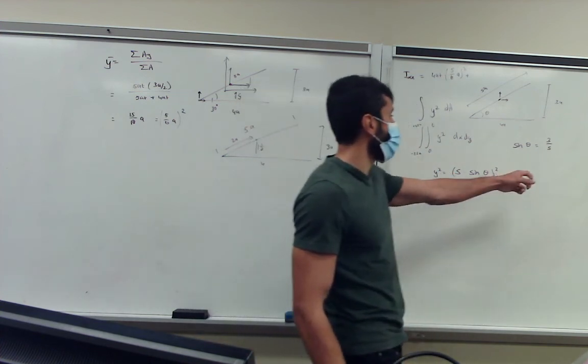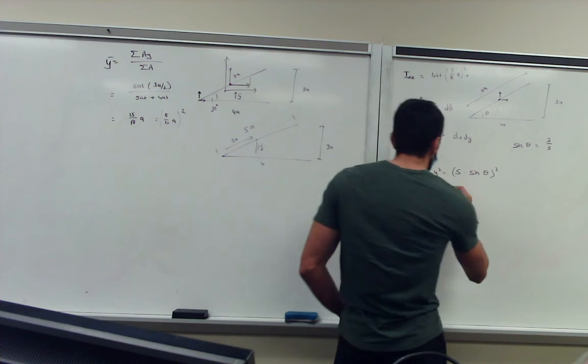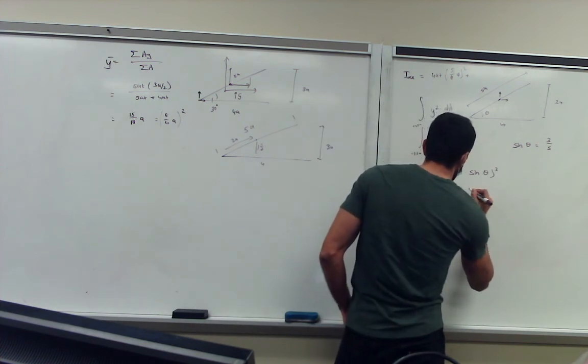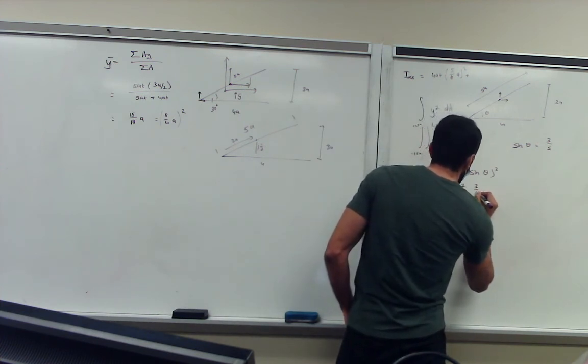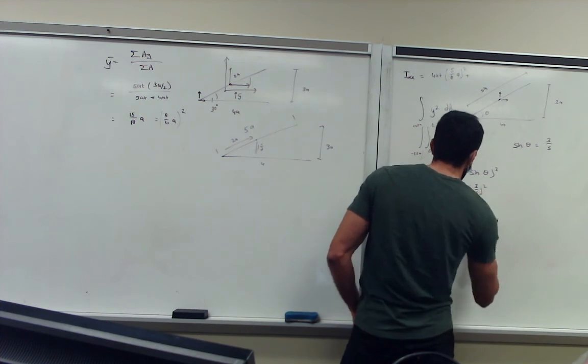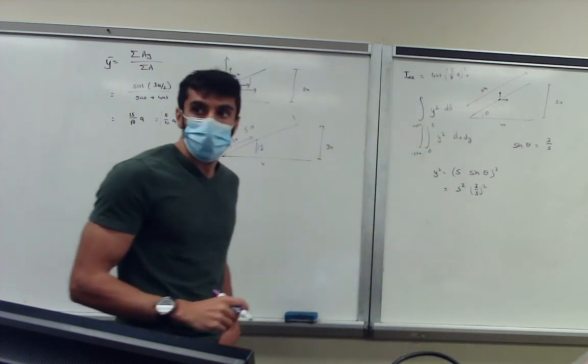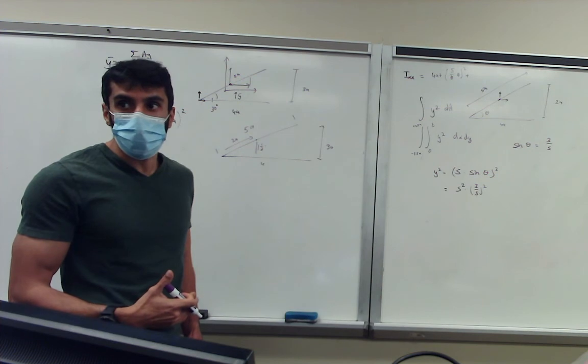Now we can substitute to make our lives easier: s squared times 3 over 5 squared, so we don't have to deal with theta.